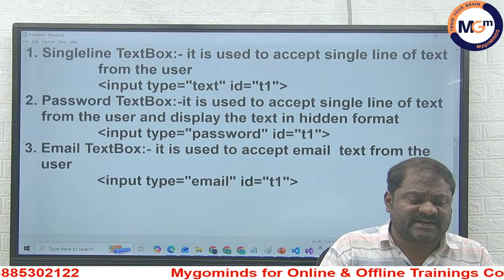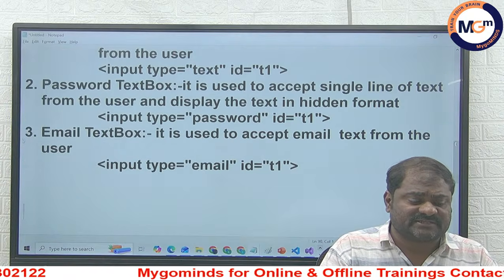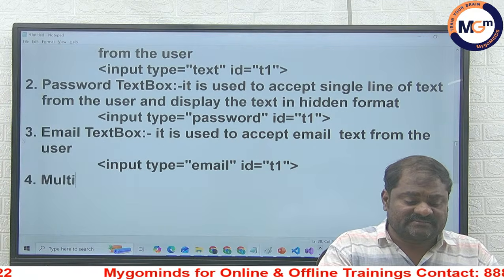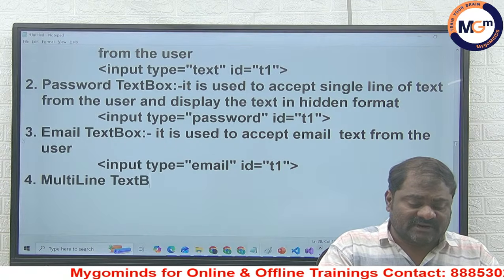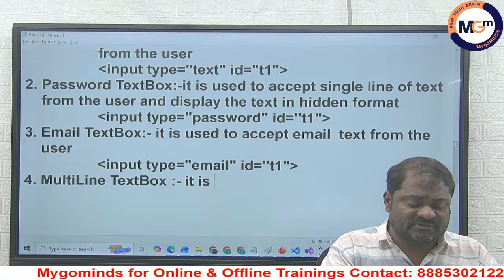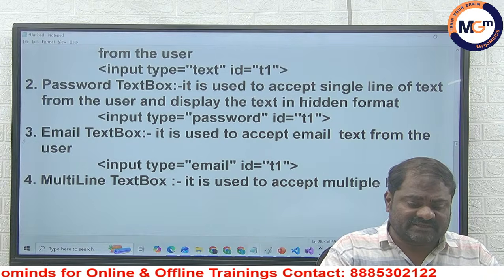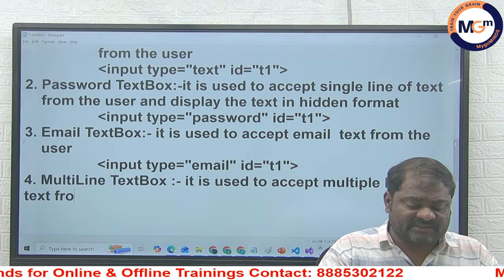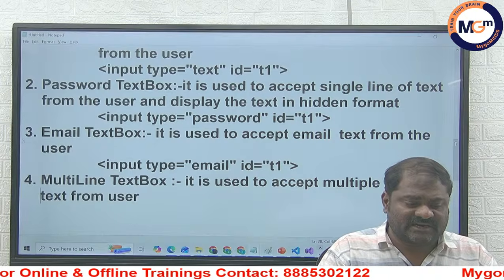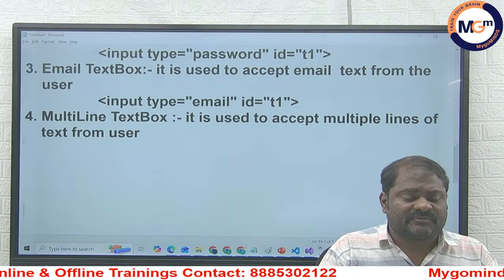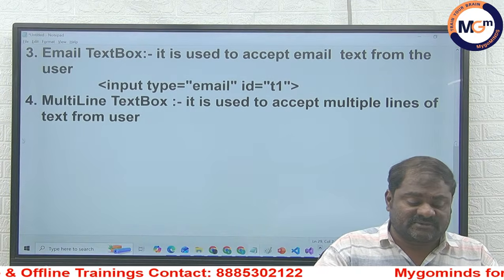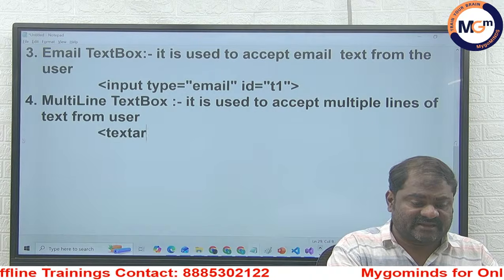Text box is the data entry control which is used to accept the text from the user. Next one is multi-line text box. Multi-line text box means it is used to accept multiple lines of text from the user actually. In order to design this multi-line text box, you can open the textarea tag.